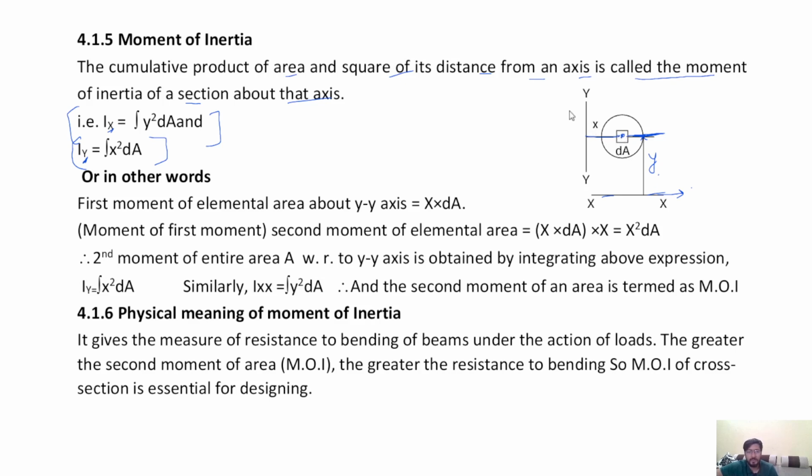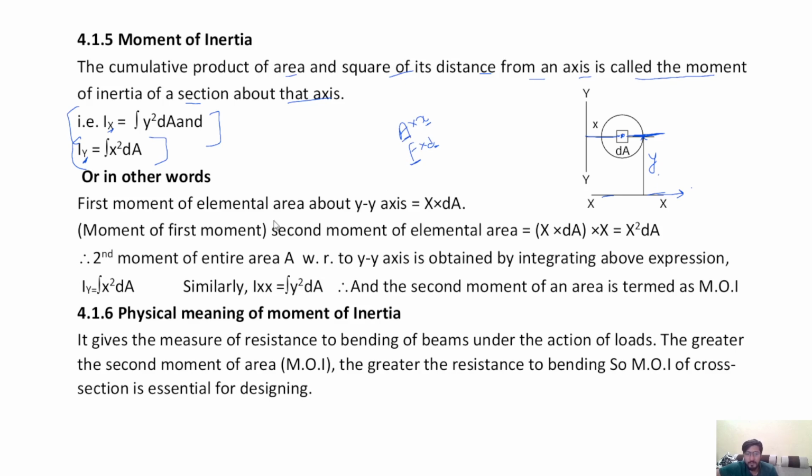In other words, the first moment of elemental area: moment of area means A times x, just as moment of force means F times d. Here the distance is x, and in place of force we consider area.